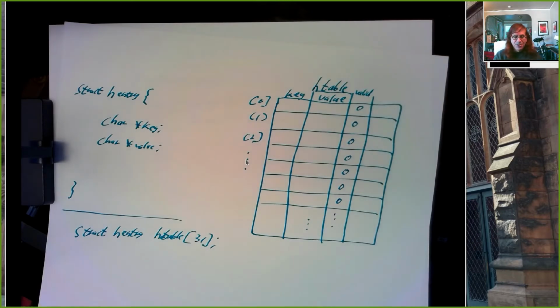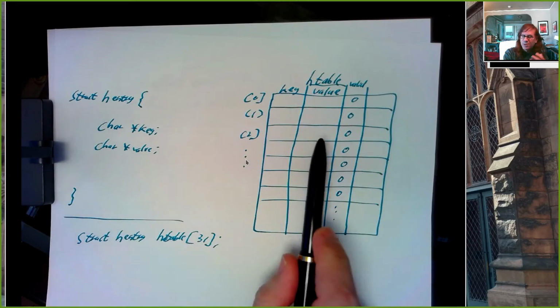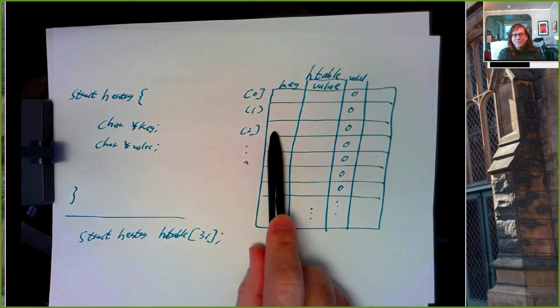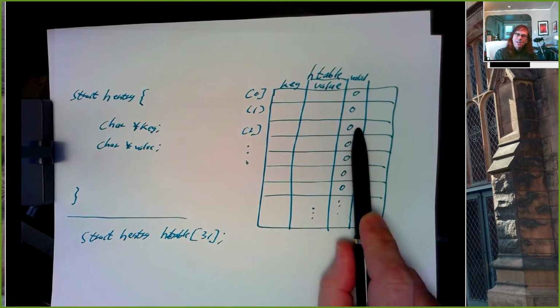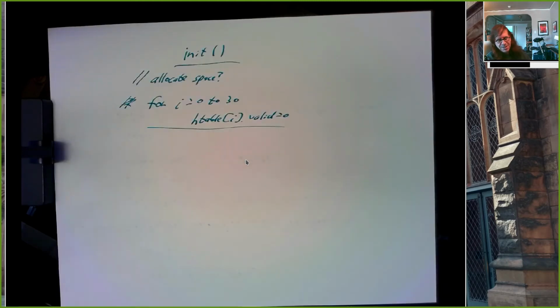So that even though there is something stored in here and there's something stored in here, and it's possible that the thing stored in here might actually be a key that's meaningful to us, we're going to look at the valid flag and say, nope, that's not actually part of the table. So we empty this table out by clearing the valid bits. And that's really the main thing that init has to do.